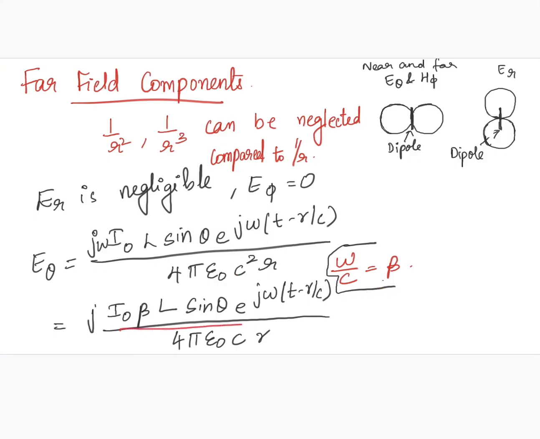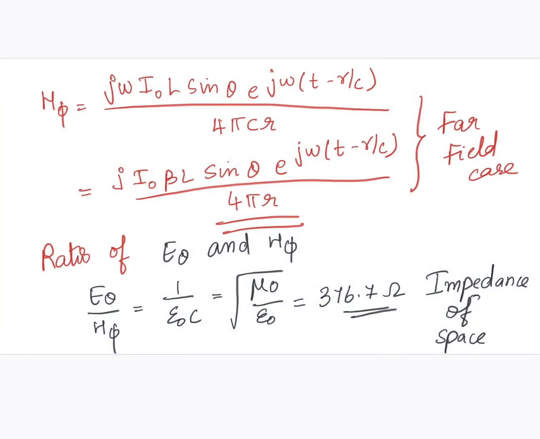So we will also obtain this equation, that is j I0 β L sin theta e^(jω(t − r/c)) / 4π ε0 c r. Similarly Hφ also, removing the r² and r³ terms, we obtain this equation, and again in this also ω/c can be replaced by β. So this will be the far field equation.